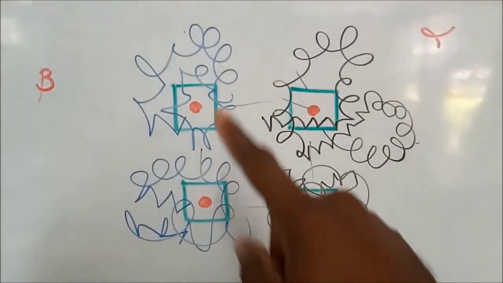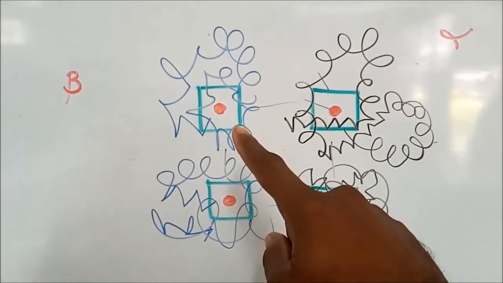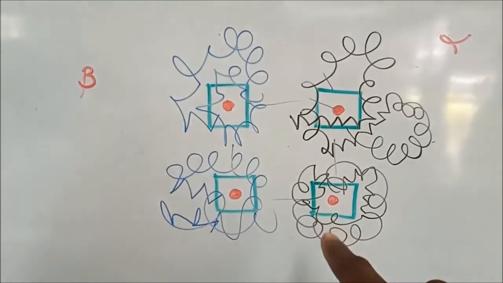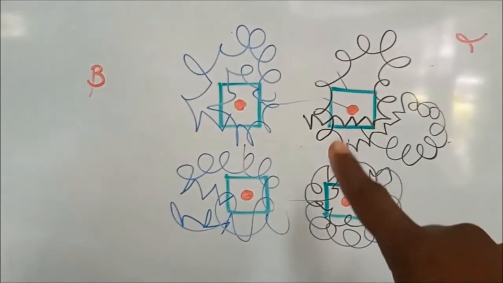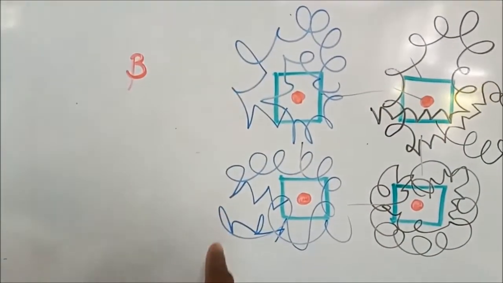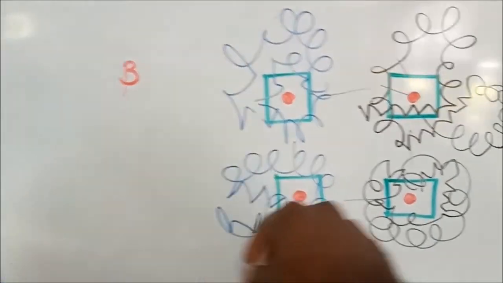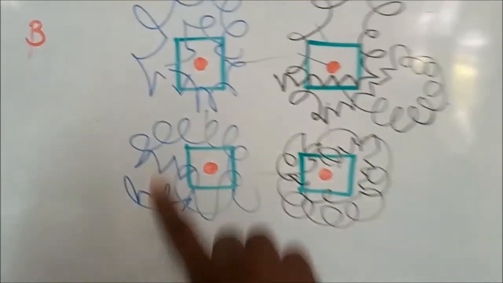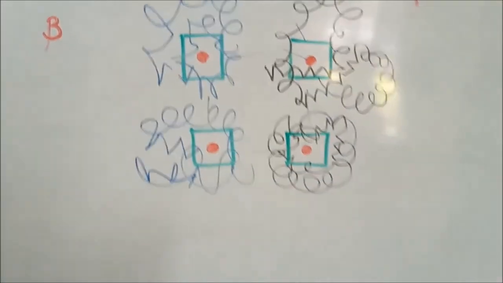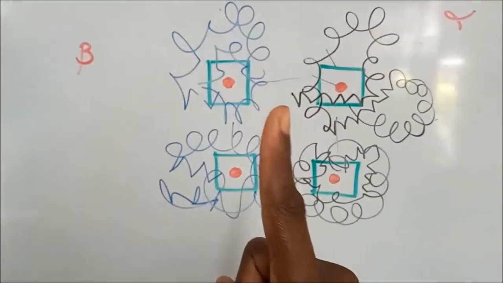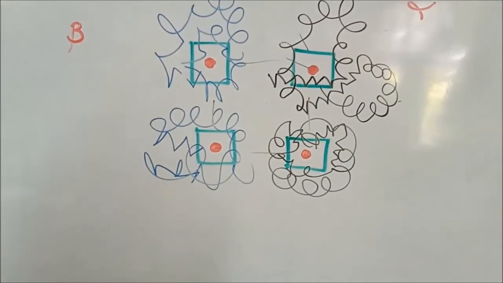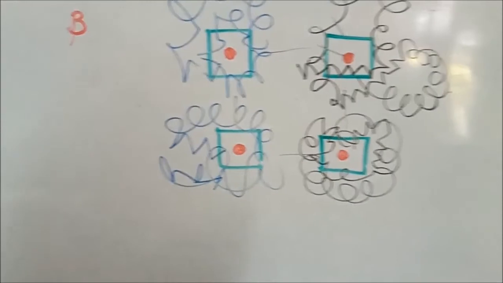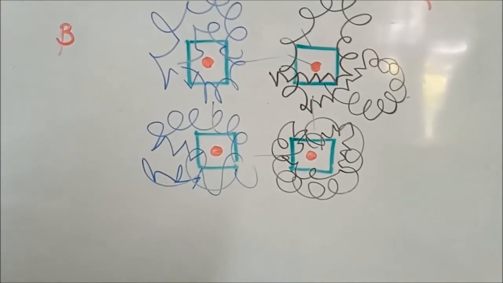You can see I have 4 heme groups with 4 polypeptide chains. I put the beta polypeptide chains in blue and the alpha in black. So these 4 polypeptide chains put together make 1 hemoglobin molecule. So 1 hemoglobin molecule has 4 iron at its center, 4 heme groups.